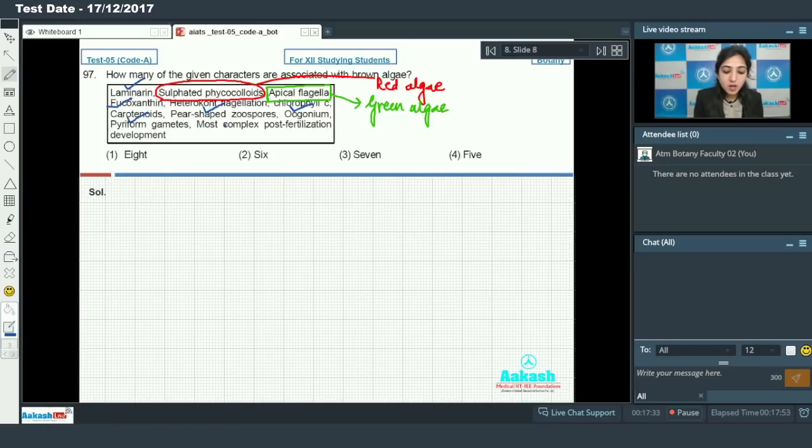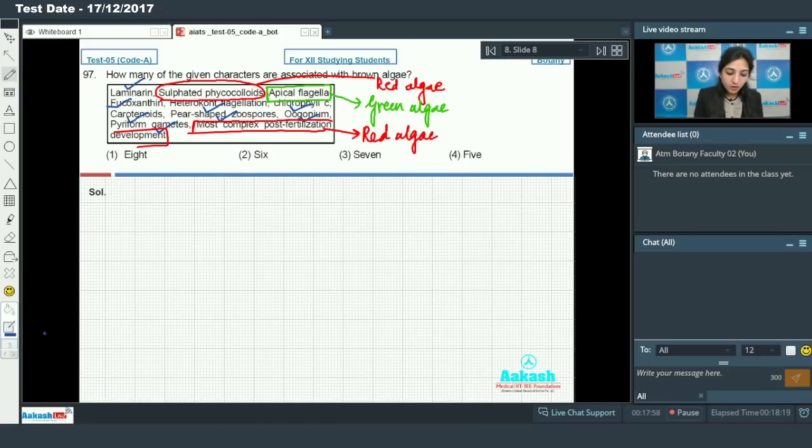Carotenoids are present. Pear-shaped zoospores are present in brown algae. Oogonium is present in brown algae. Pyriform gametes are present in brown algae. Most complex post-fertilization development is the feature which is absent in brown algae and present in red algae.